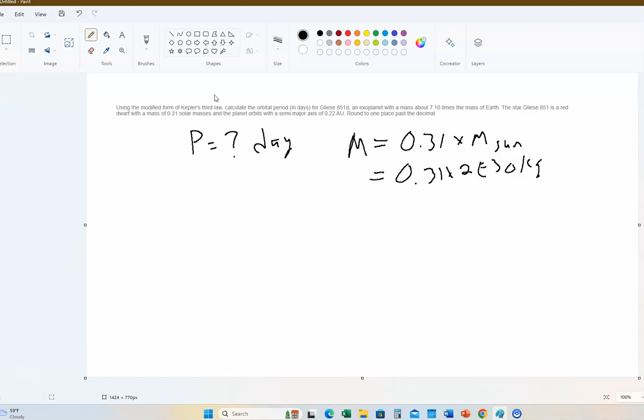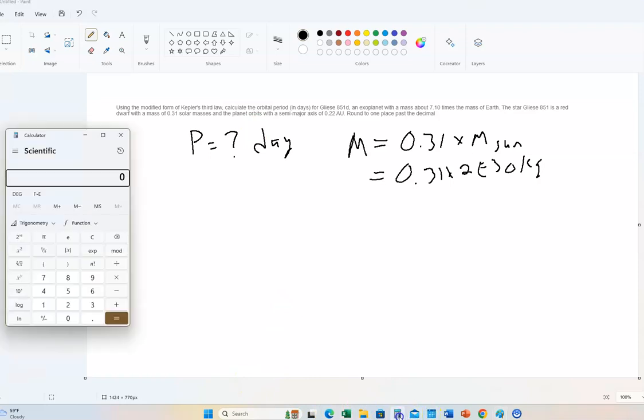All right, so let's see if we can quickly do that. This is not very difficult. I'm just going to use a different calculator because it does everything in scientific notation. Unfortunately, you can't see.